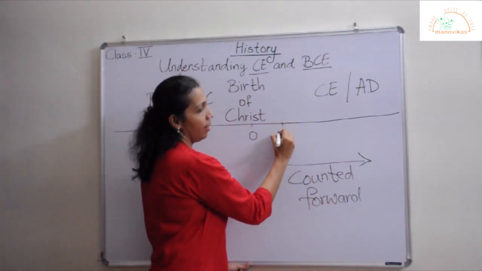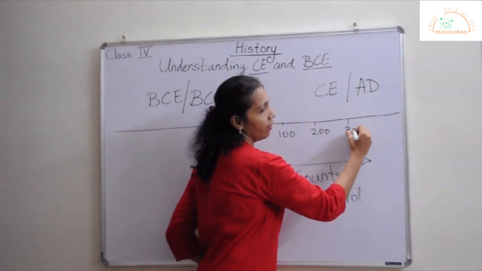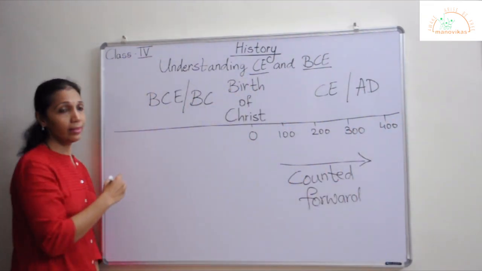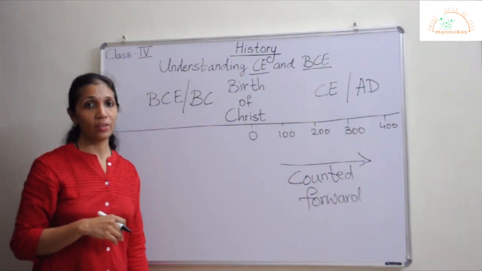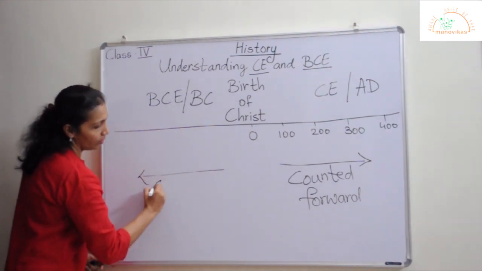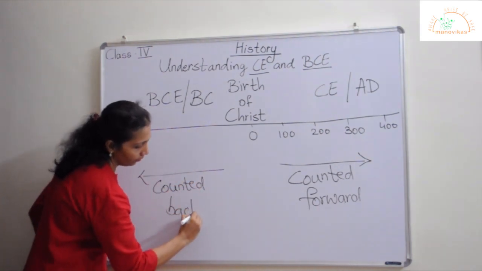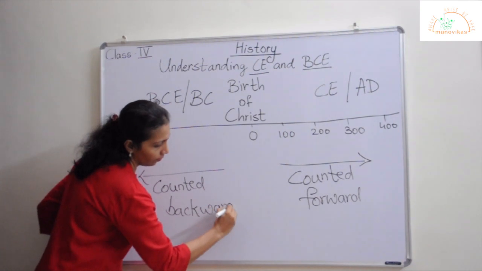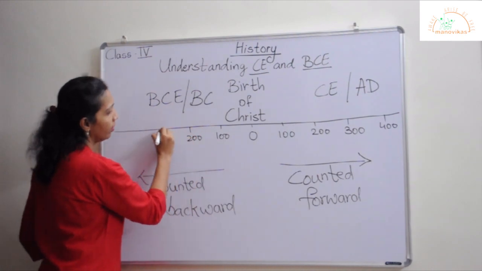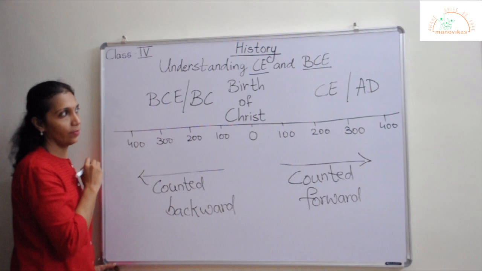That means 100, 200, 300, 400. And the years before the birth of Christ are counted backward. So here it is counted backward. So 100, 200, 300, 400.